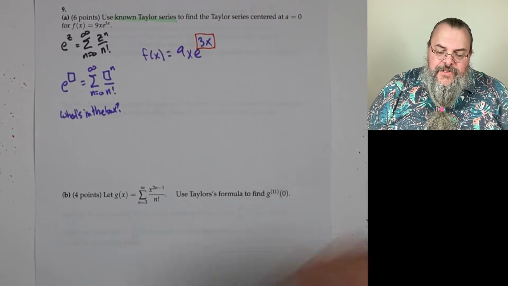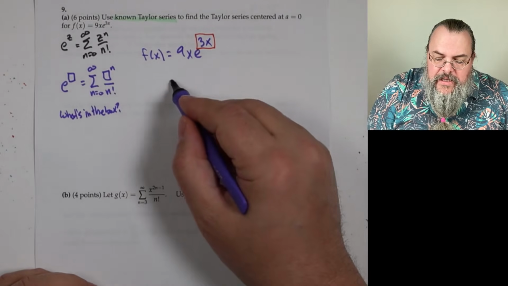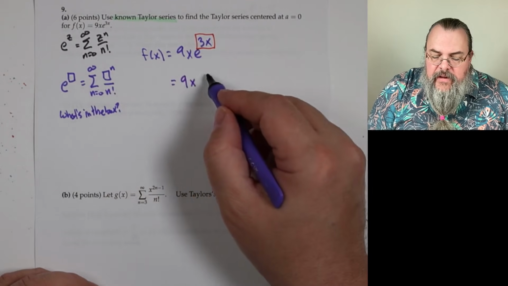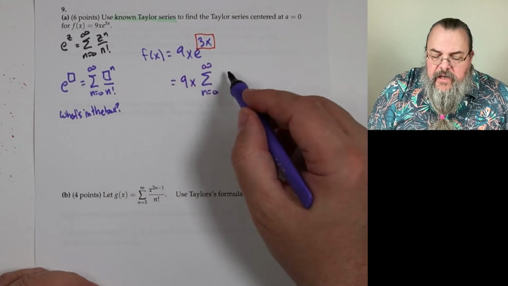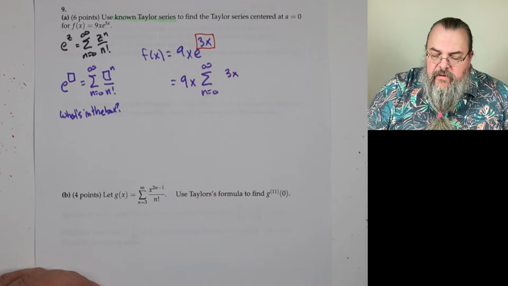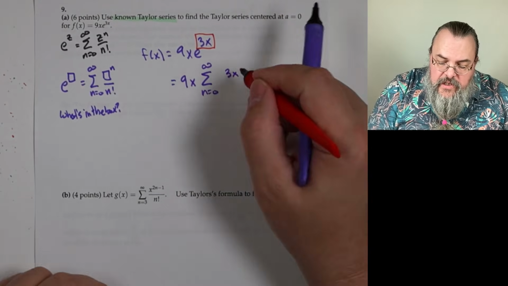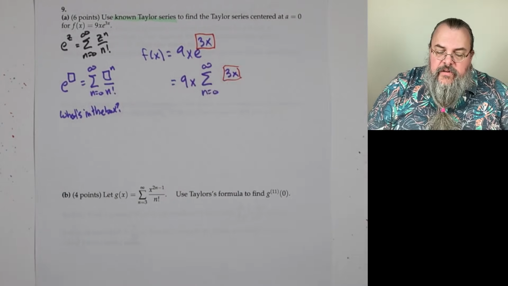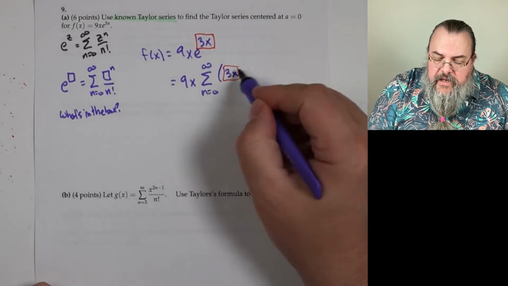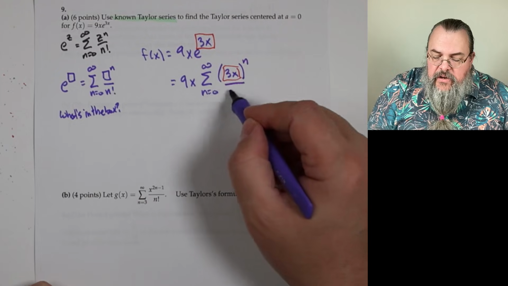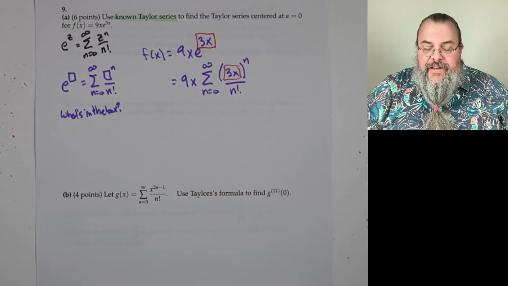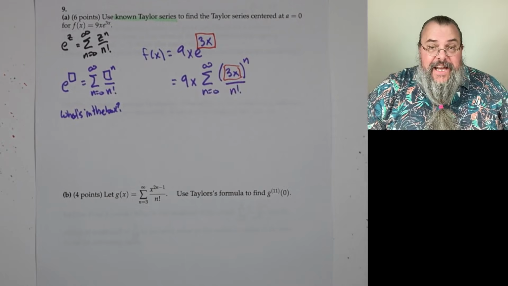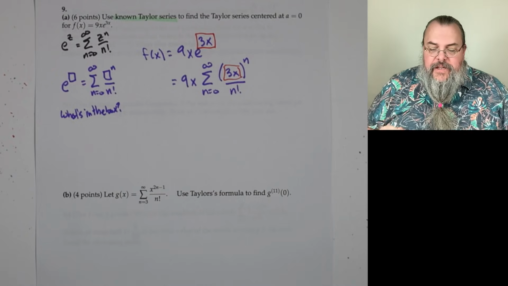Okay, so this becomes 9x times the sum, n equals 0 to infinity of 3x, that's our box, to the n over n factorial. And I'm going to be very careful here: everything inside the box gets raised to the n, not just the x, the 3 inclusive there.